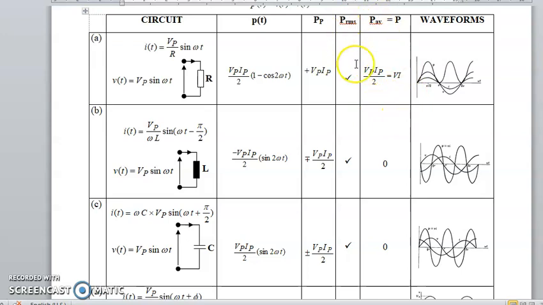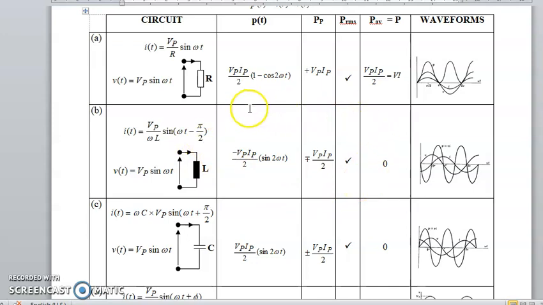You can see that we have values for RMS for all the circuits, R, L and C. But in terms of power, for your resistive, sure we have a value, but for inductive and capacitive, there is no power being absorbed, because inductors and capacitors don't consume power, they just store and release the power.